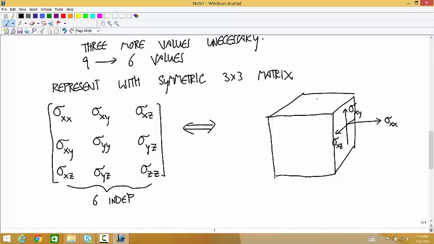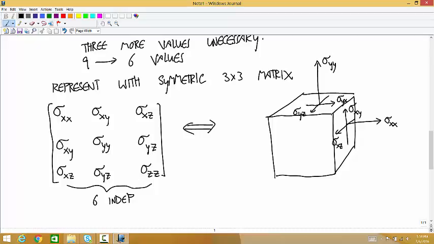On the y face, we have a component in the x direction. What's the name of that one going to be? Yep, yx. And then the one in the y direction? YY, and then in the z direction? YZ.